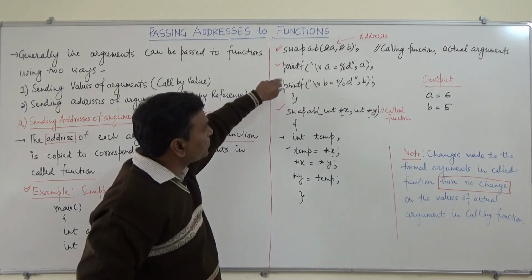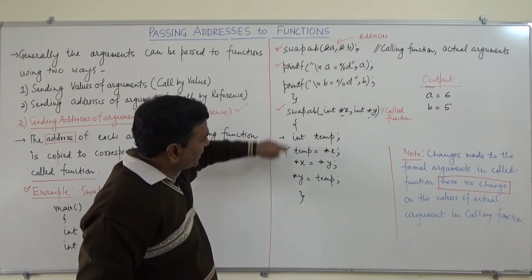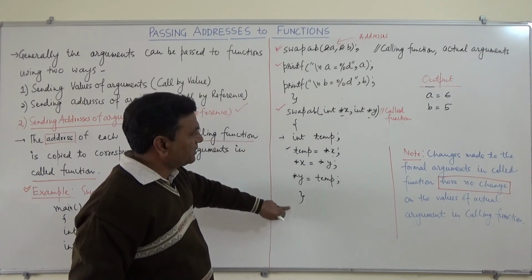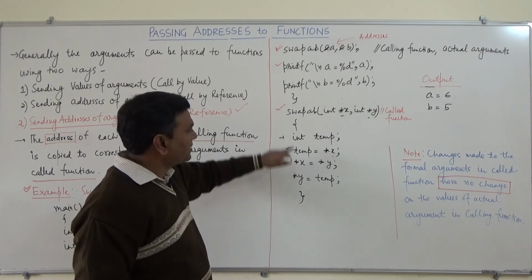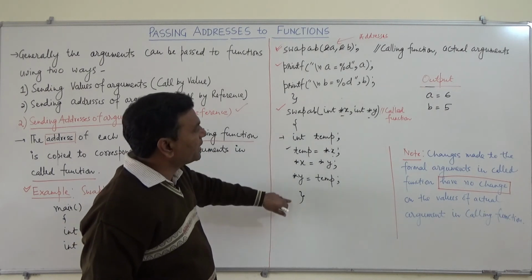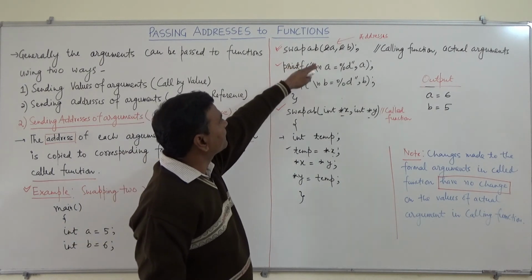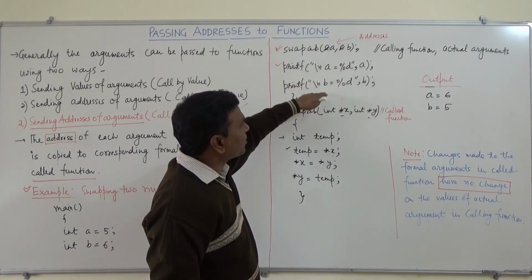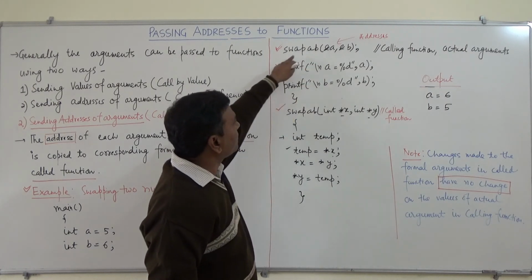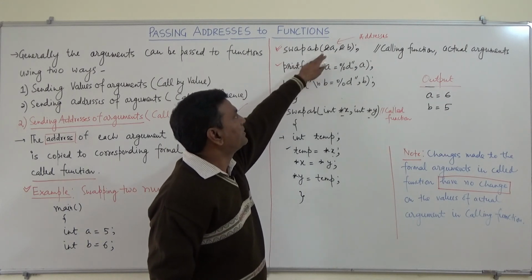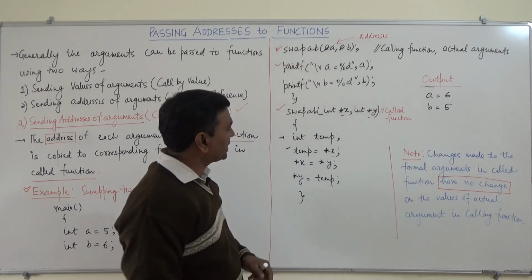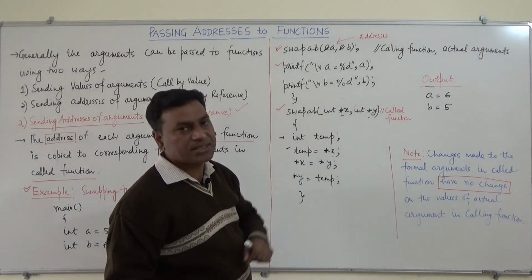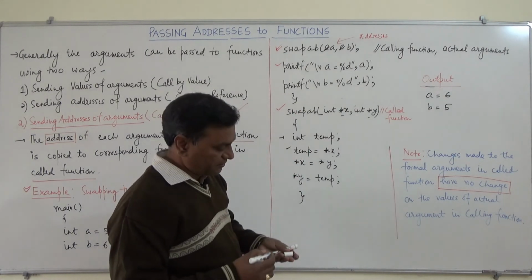So here it is to be noted, whenever we use these pointers or call by reference, then in this case the changes made to the formal arguments reflect in the actual arguments. That's why when we are calling this function, the values are changed. That's why the value of A is 6 and value of B is 5.